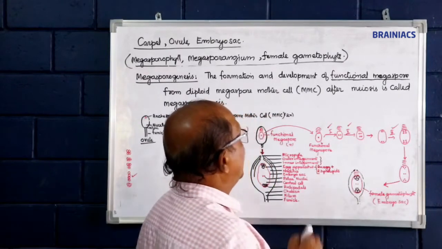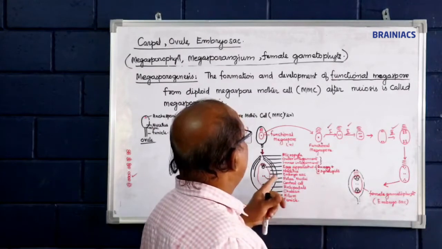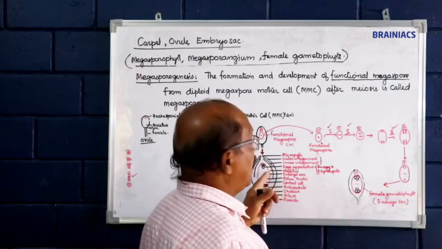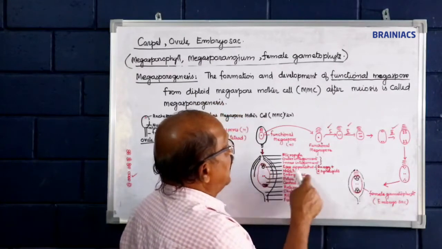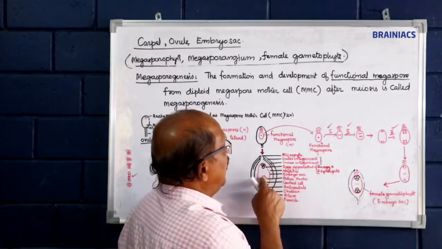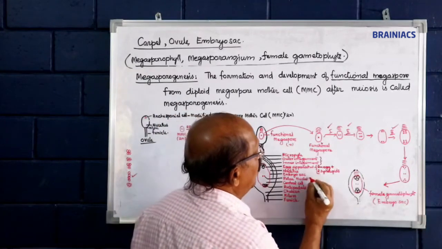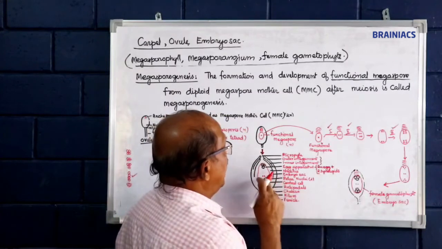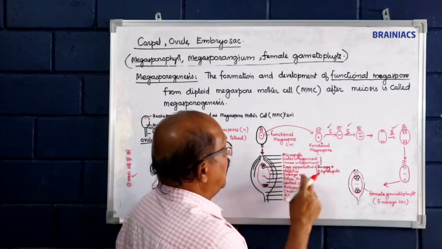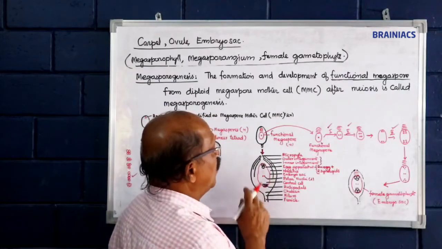Nucellus is the tissue of the ovule. This is the embryo sac. Centrally you can see 2 polar nuclei, 2 in number. This is the central cell, keeping 2 nuclei, a binucleated cell.